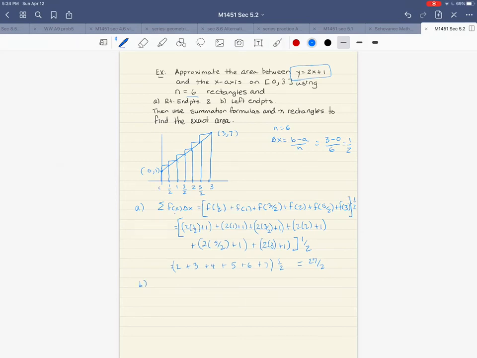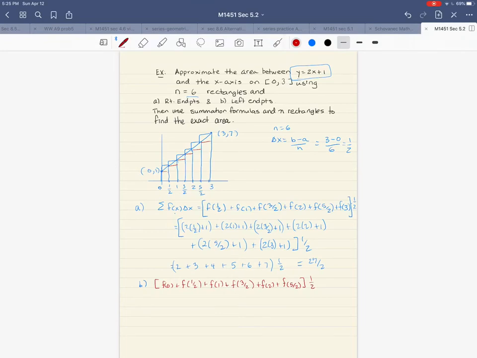That's the right sum. In part B, the left sum, the only difference is we start at 0, and our rectangles are going to be these red ones. They're going to be an underestimate because these are all under the graph. And so for those rectangles, I'm going to do it in red, we'll have f of 0 plus f of 1/2 plus f of 1. Keep going by halves. Now I've got all 6 of my rectangles' heights, then I multiply by 1/2.